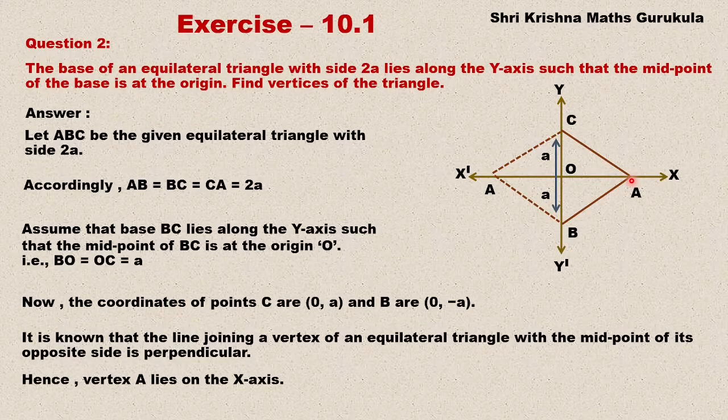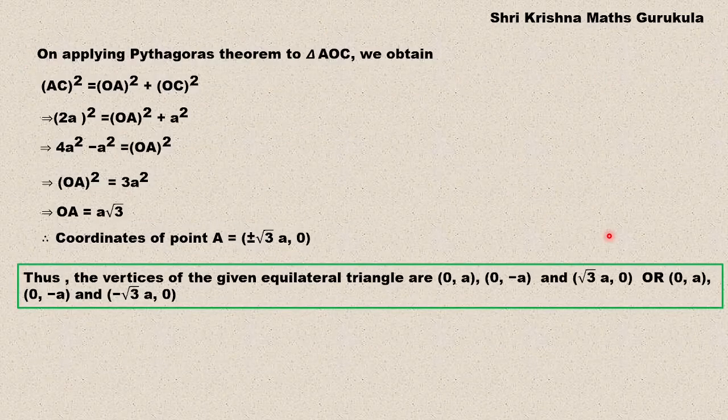We just found the coordinates of this and this point. Because this is the positive side of the x-axis, the coordinate will be a root 3 comma 0. Because this is to the negative side of the x-axis, the coordinate of vertex A will be minus a root 3 comma 0. These two will remain the same for both the triangles because it is the base. Hope this is clear now.